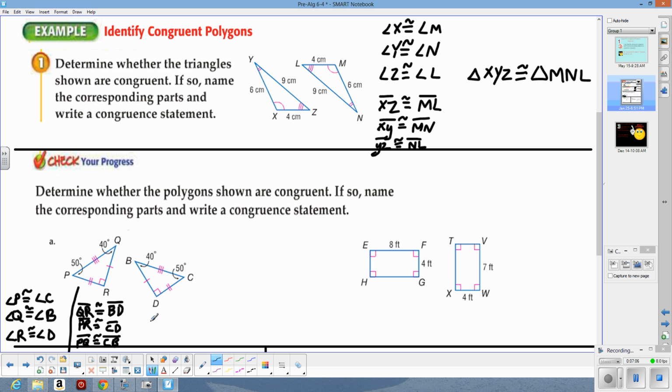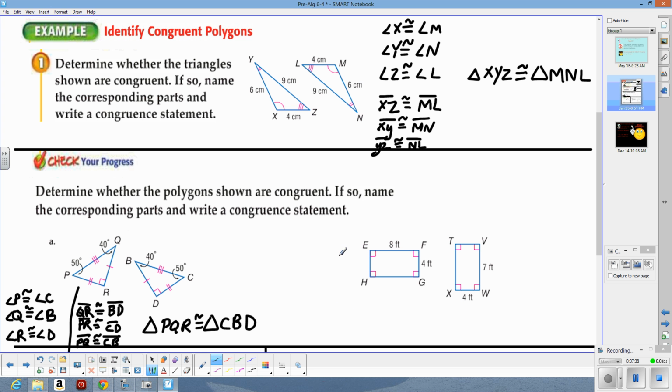And then the congruence statement is triangle PQR is congruent to triangle. Now the one that matches up with P is C, the one that matches up with Q is B, and the one that matches up with R is D. So again, you just have to make sure you are matching up the corresponding angles when you write your congruence statement.